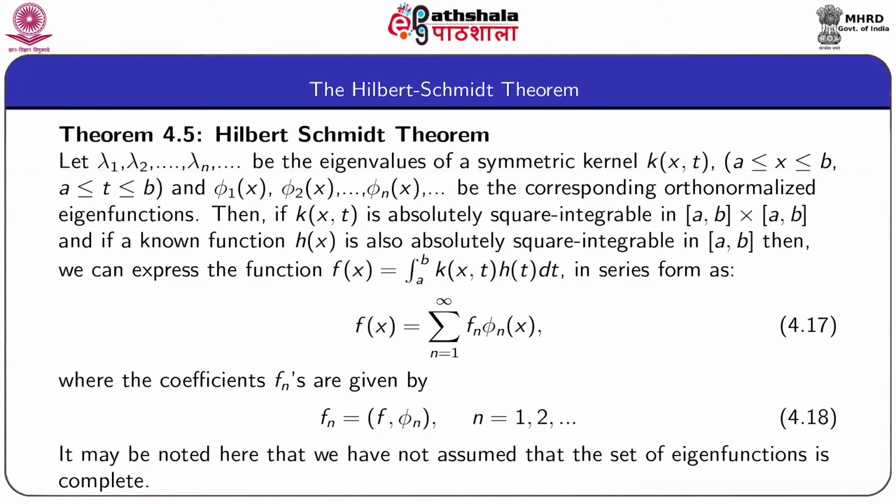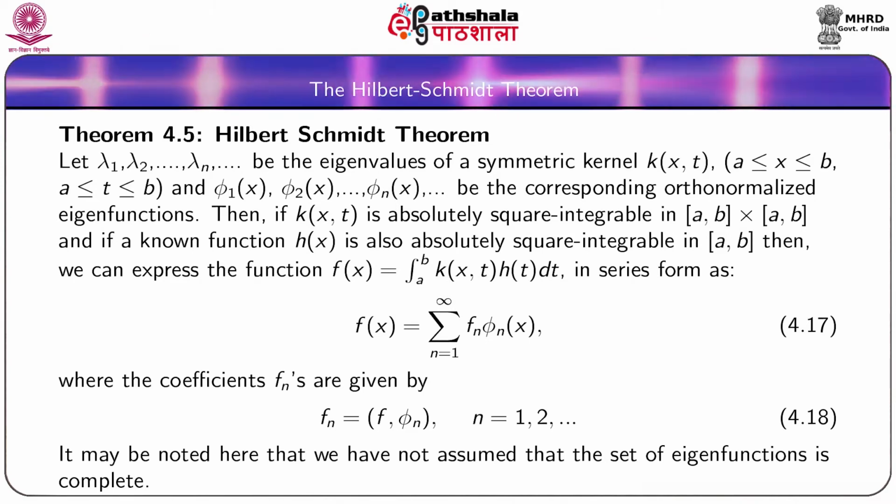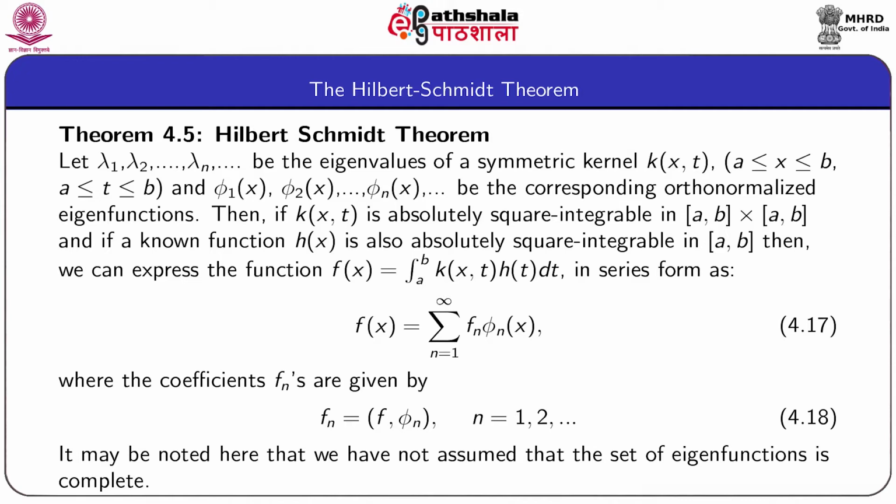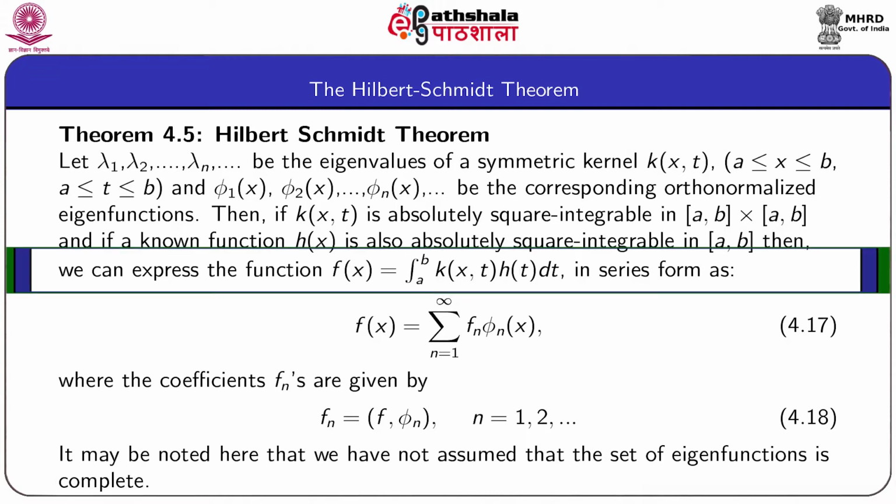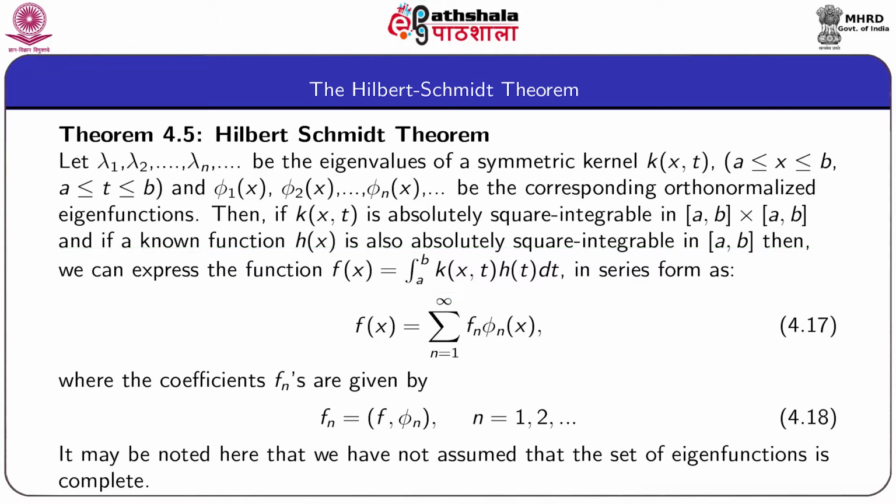Then if k(x,t) is absolutely square integrable in the square [a,b] cross [a,b] and if a known function h(x) is also absolutely square integrable in the closed interval [a,b], then we can express the function f(x) given by integral a to b k(x,t) h(t) dt in series as given by equation 4.17.